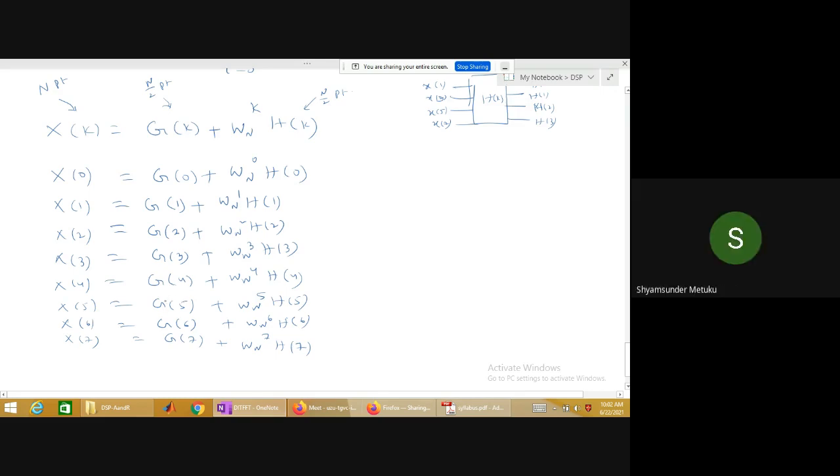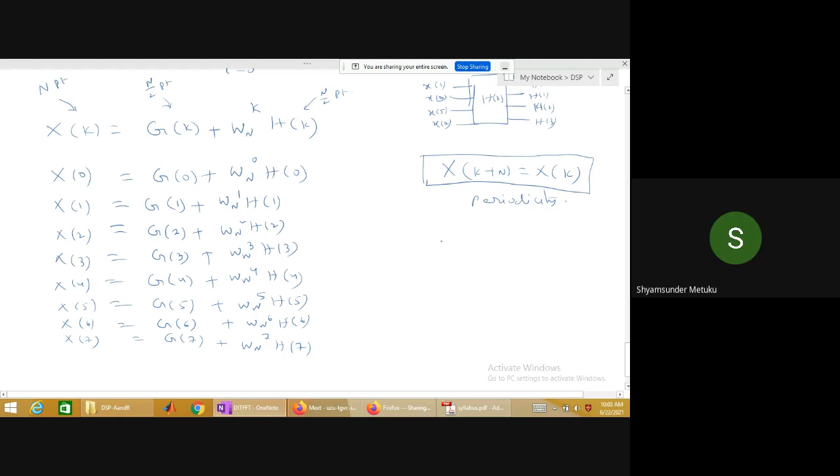The properties of DFT, what does it say? Periodicity, no? X of k plus capital N is equal to what? I told in the previous class, periodicity of DFT properties. Here N is the particular number of points of the DFT. In this case, what is the number of point DFT?